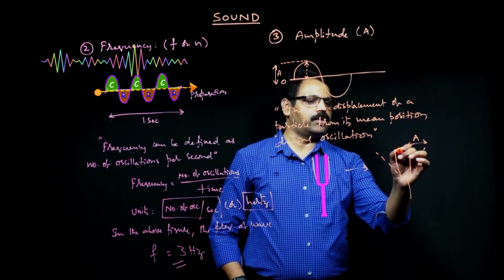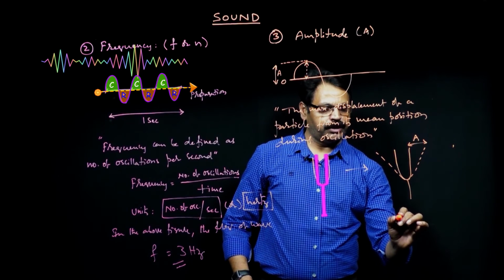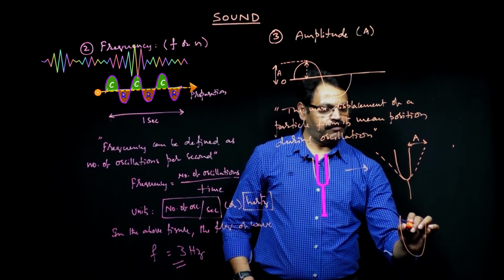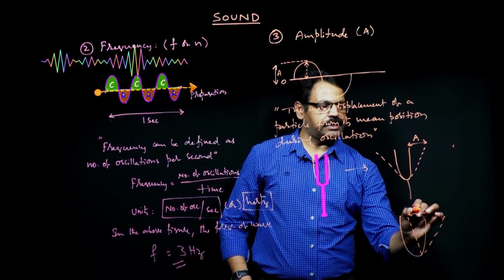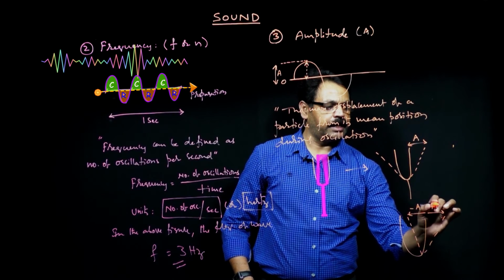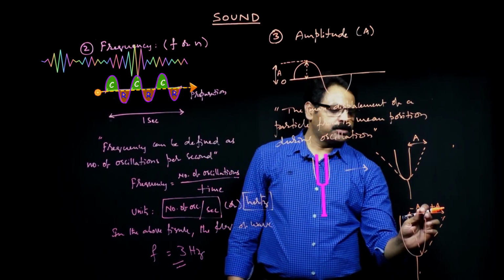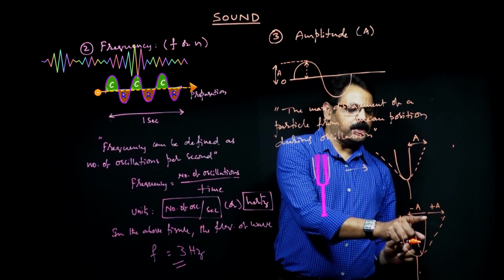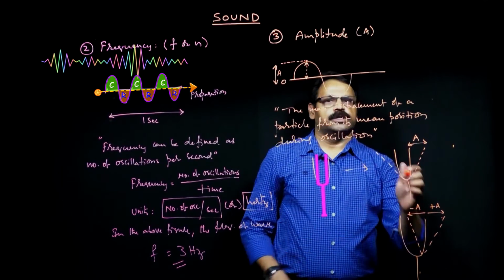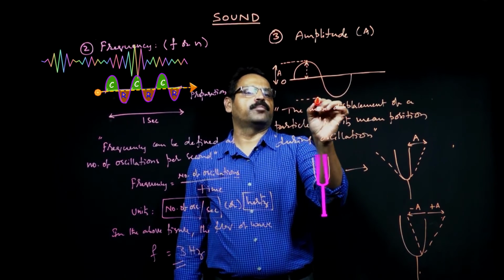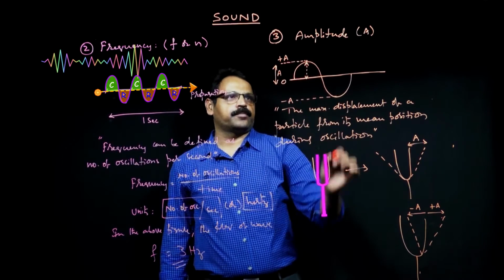Similarly, when it is coming inward from the mean position, this is taken as minus A and this is taken as plus A, because it is moving along the positive x-axis and along the negative x-axis. So the maximum displacement the prong can have outward is this much, and inward is this much, represented by plus A and minus A.